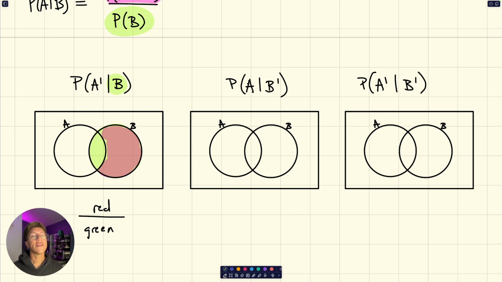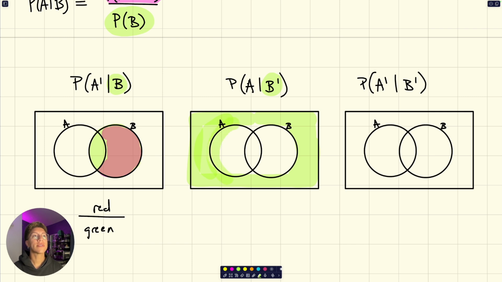All right, over here, same thing. We're going to start with our given condition, B not. This time B not is all out here. And the condition we're looking for is when does A occur given B not?